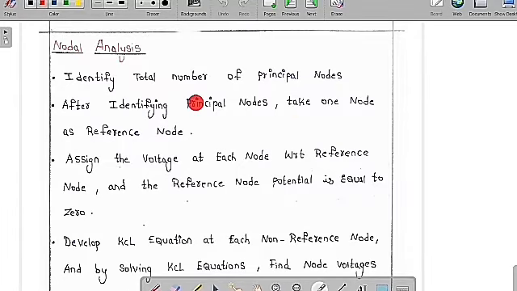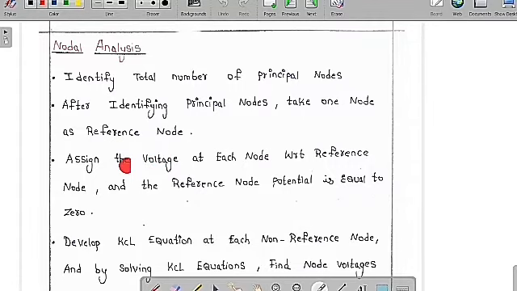So first thing is you need to identify how many principal nodes are present in the given circuit. After identifying principal nodes, take one node as a reference node. So after identifying the principal nodes, you can take any one node as a reference node, or we can say we are going to assume it as zero potential.